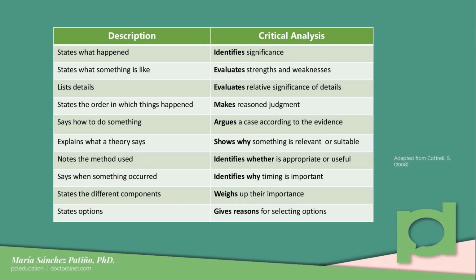Check, for instance, the second row of differences and think about how different it is to state what something is like from evaluating strengths and weaknesses. It's not the same to state something as to evaluate it in terms of strengths and weaknesses.